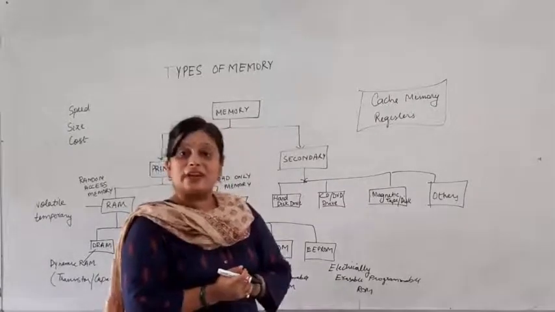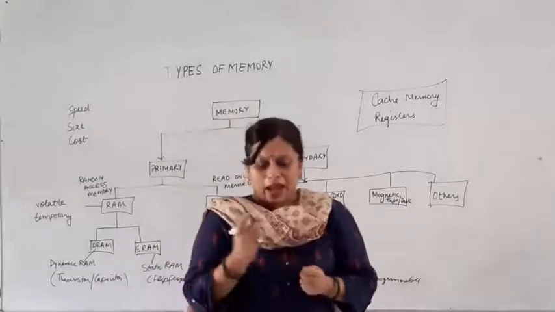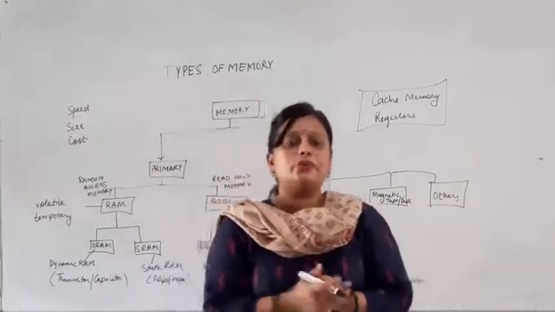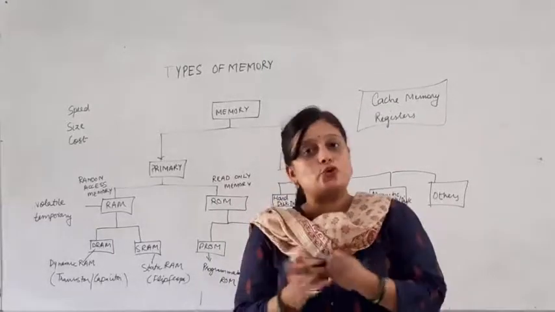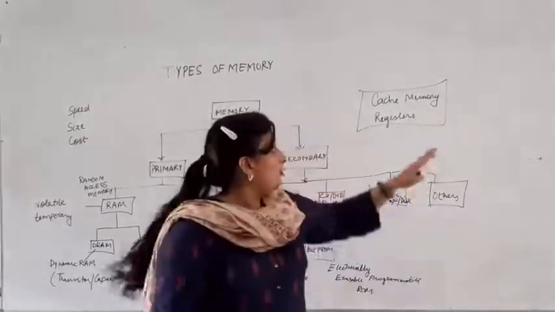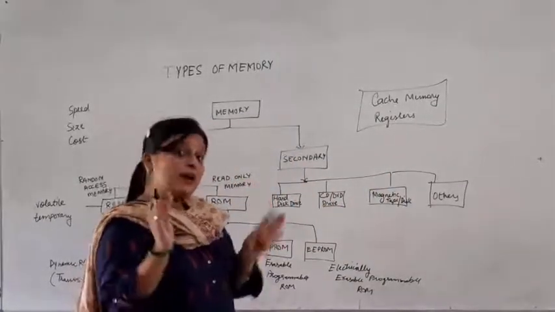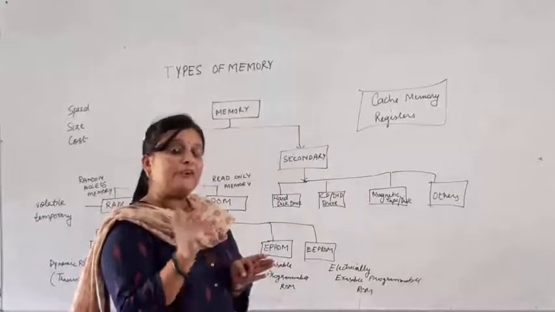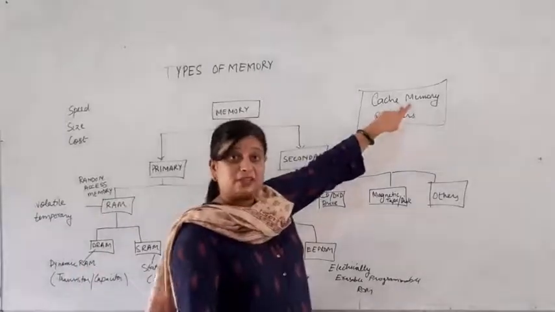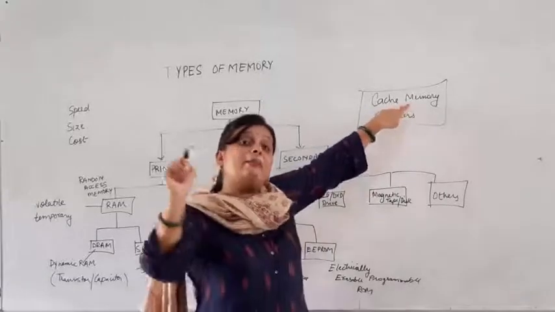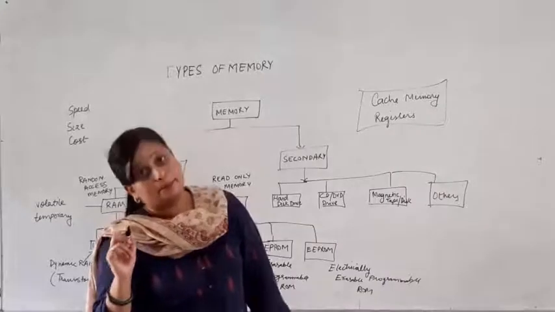The first one is your cache memory and the next one is your registers memory. As I have told, in order to access the data and to process the data, it is required that it should be close to the processor. Now, this feature is offered by main memory, and apart from main memory, we place a very high speed memory, that is your cache memory, in between the processor and main memory, so that the access speed could be improved.